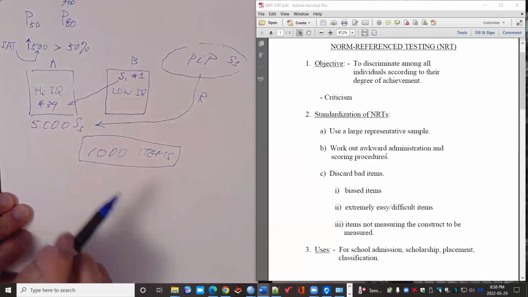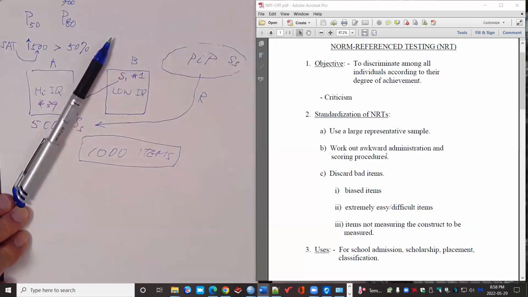Then we do item analysis. We identify bad items and we discard them. What are they? Biased items, say items that have sex bias or other biases. We discard them.